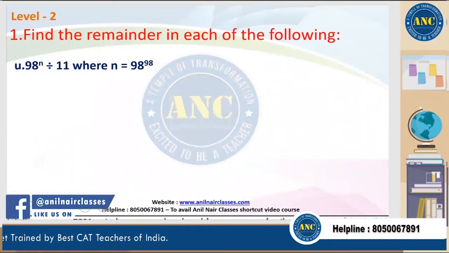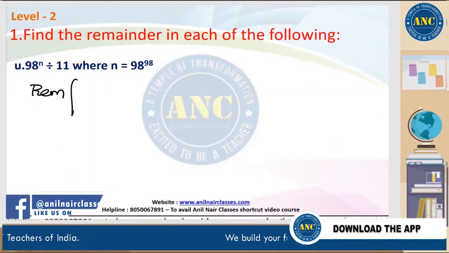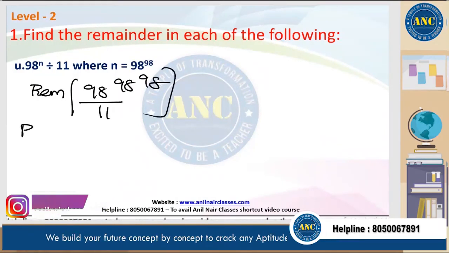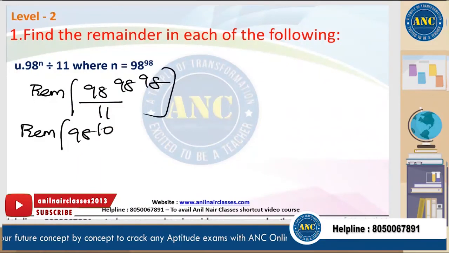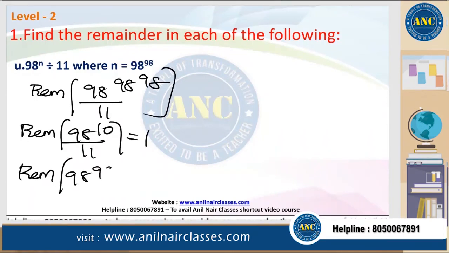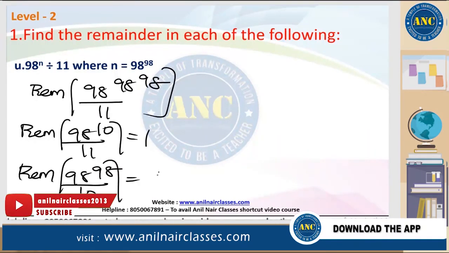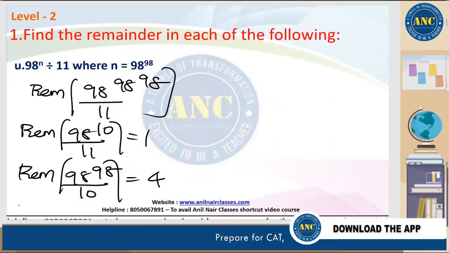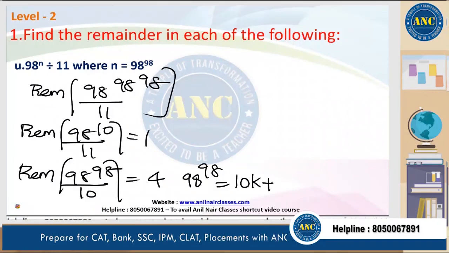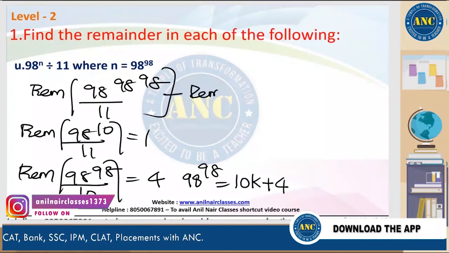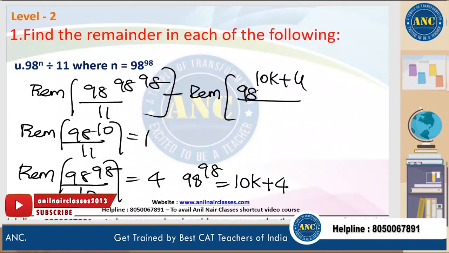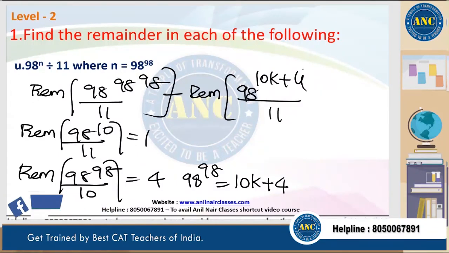So I will write down neatly in the next step. 98 power 98 power 98 divided by 11: 98 power 10 divided by 11 is 1. Next step is 98 power 98 divided by 10, which is nothing but 4. So 98 power 98, when divided by 10, remainder is 4. So this is nothing but remainder of 98 power 10k plus 4 divided by 11.